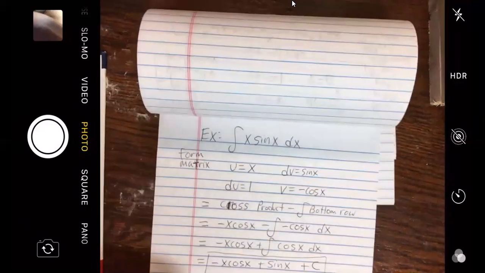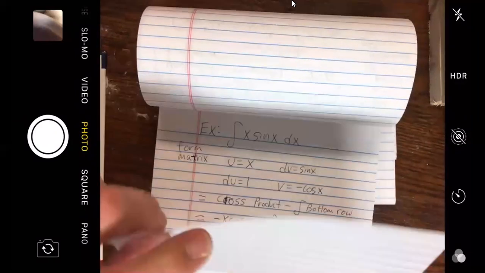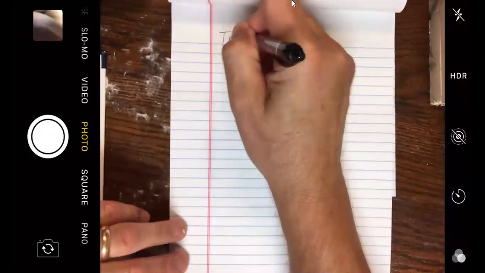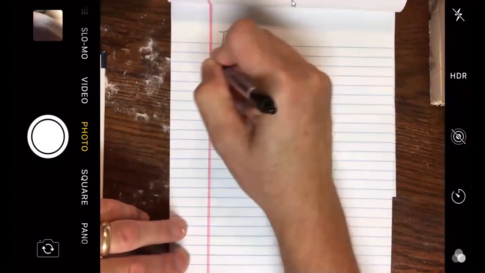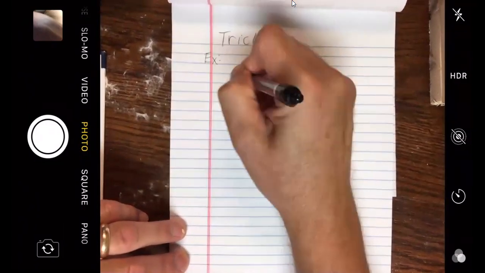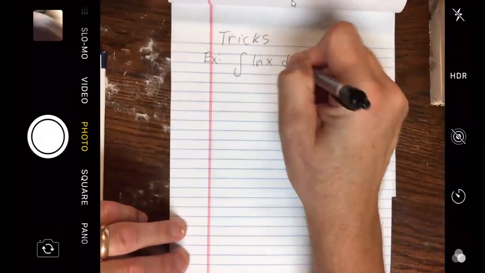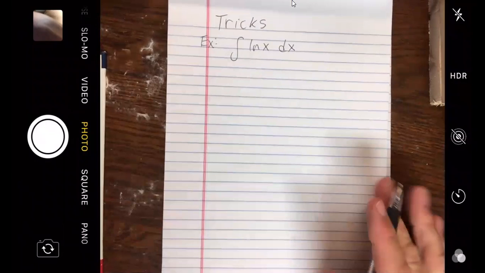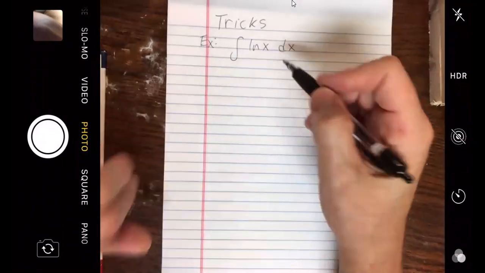I'll start off with some easy tricks. One of their examples is x squared log, but we're not quite ready for x squared log x. First, tricks. Example, integral log of x dx. Okay, you haven't done a straight log yet.